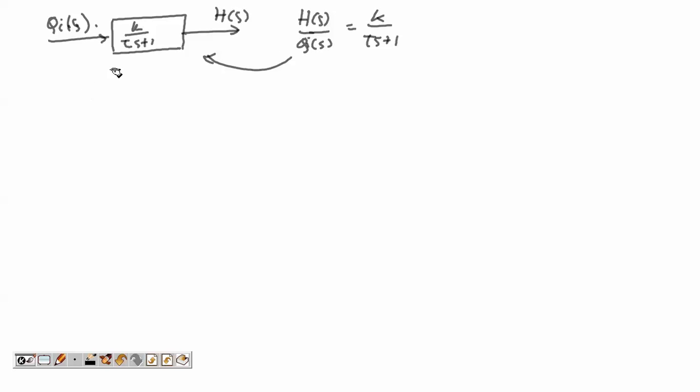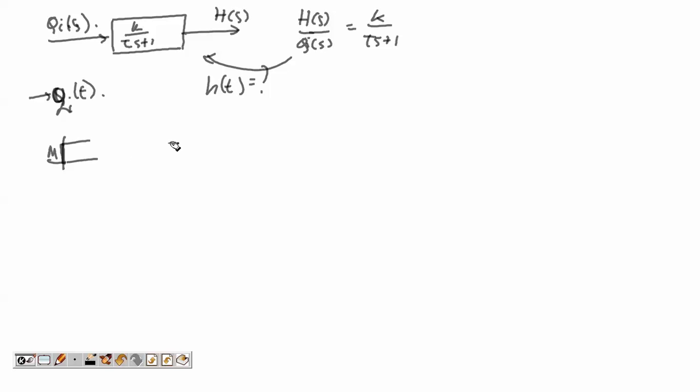Okay, so what is H(t) if we introduce the input Q_i(t)? For example, we introduce an input that is a step with magnitude M here. What is H(t)?